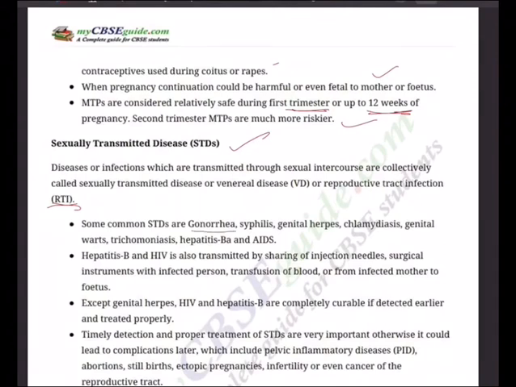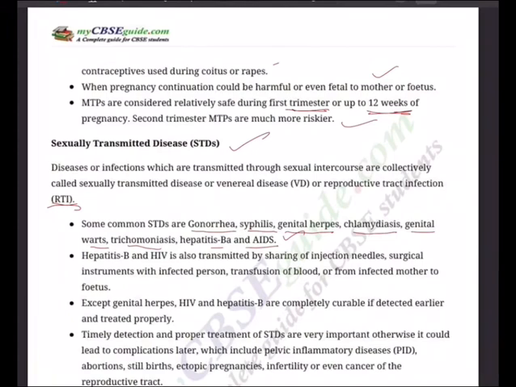Some common STDs are gonorrhea, syphilis, genital herpes, chlamydiasis, genital warts, trichomoniasis, hepatitis B and A, and of course the very dangerous one, acquired immunodeficiency syndrome, AIDS.